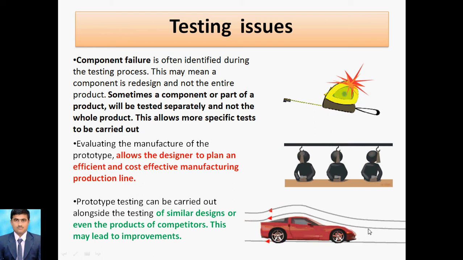So we can improve the streamlined pattern of air, give aerodynamic shapes to the car, and therefore there is less resistance to the car. So we can solve these testing issues, and that type of approach for prototyping is taken here.